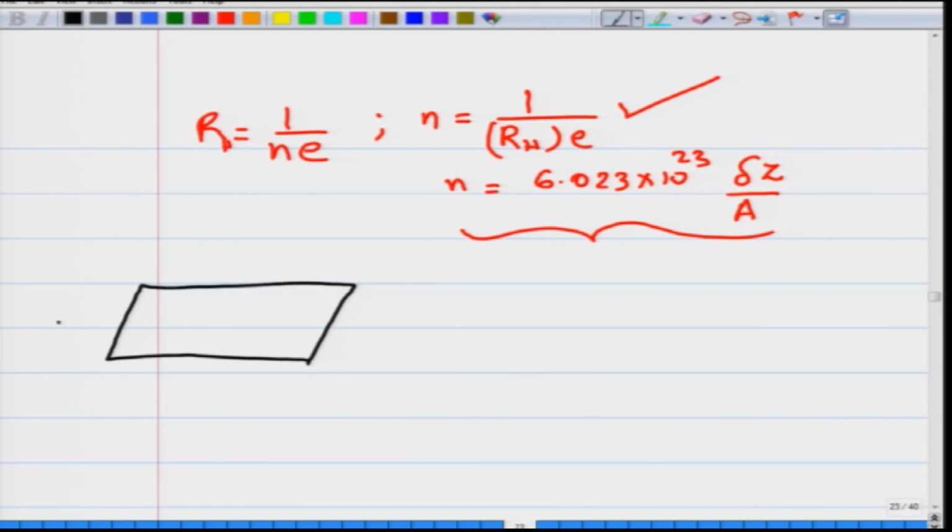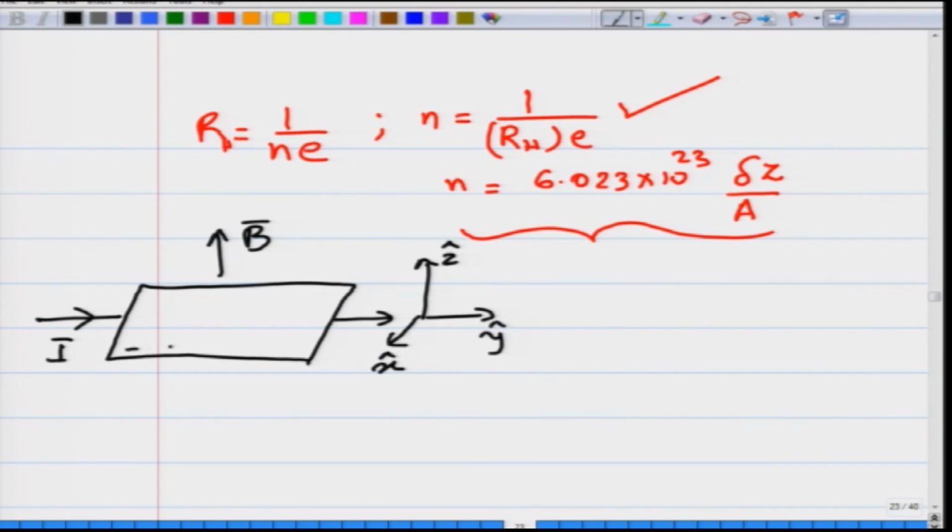So, if you recall, this particular problem we worked out in this particular configuration, with current I and magnetic field B, in this configuration of x, y and z. Instead of working out this problem with this coordinate axis, if I had chosen this particular coordinate axis, current is still in this direction, electrons are still going to flow.